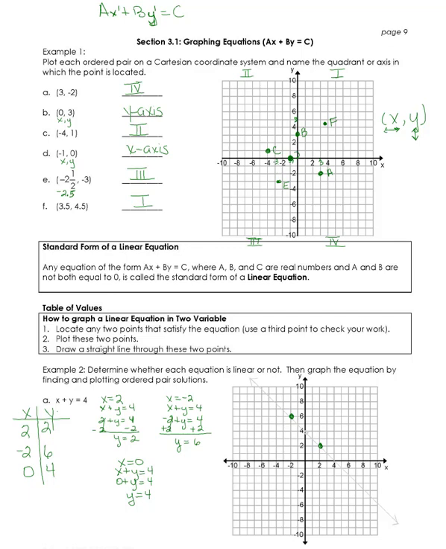That point is going to be on the y-axis. So 0, 4 is on the y-axis. Okay? And then we connect the points. I'll make sure I keep some rulers around here for you to use.